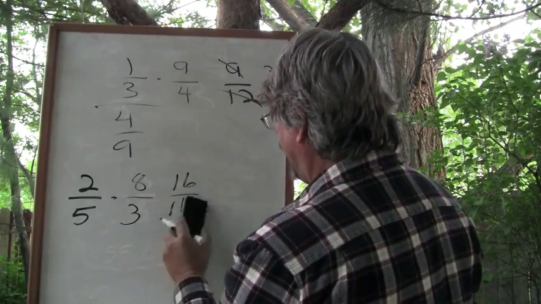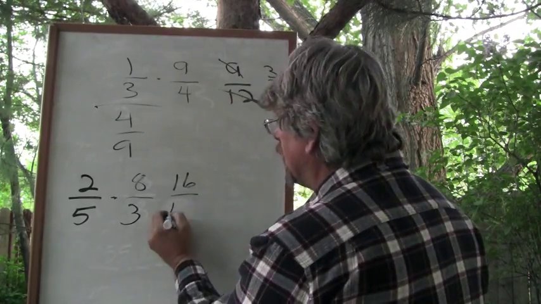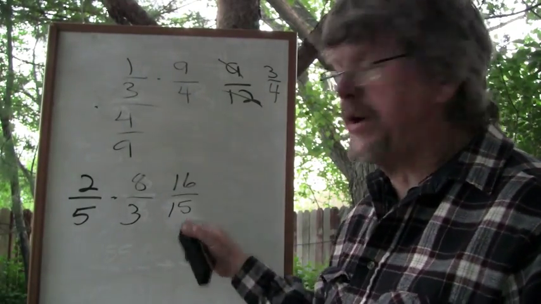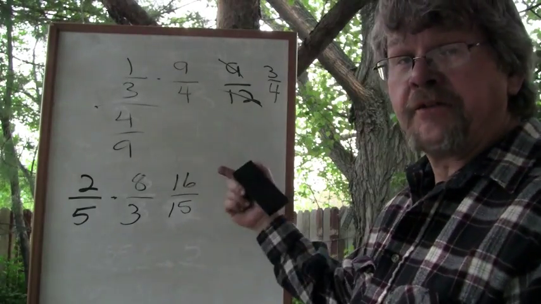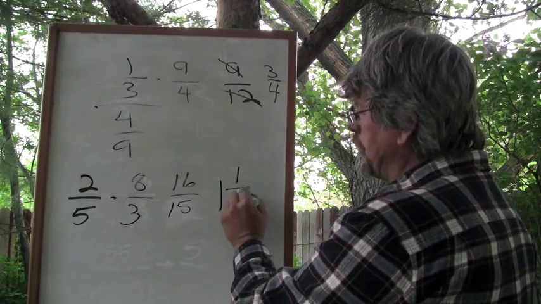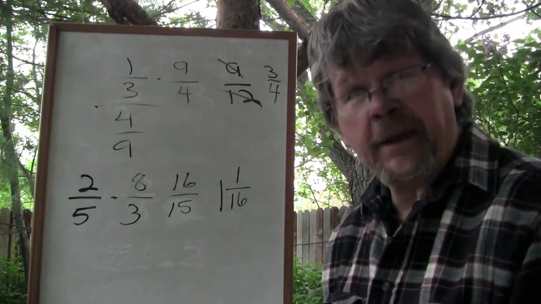Whoops. You got to write the right number down. 16/15. It is an improper fraction. The numerator is bigger than the denominator. So you divide 15 into 16. Gives you 1. 1 left over is your numerator. It's 1 1/15. It's that easy.